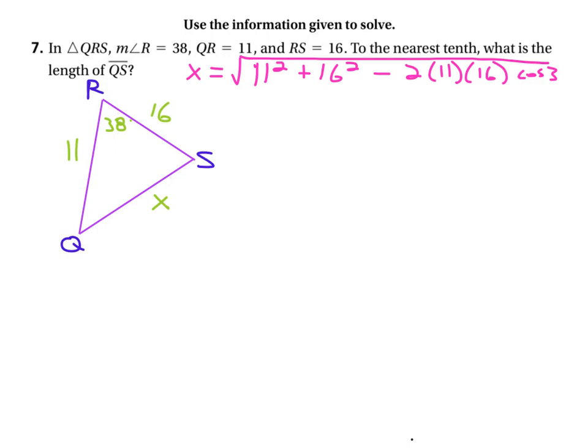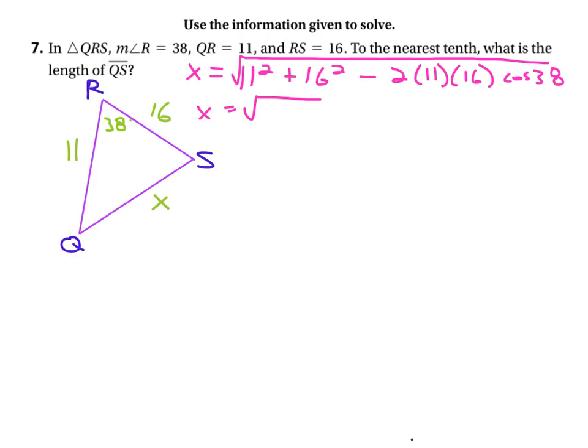And I think that I ran out of room, so just a second. Okay, cosine of 38. Yeah, so you can actually calculate all of this in your calculator. If you have a TI-84, you can just type it straight across. We can do this in pieces if you wanted to see what it looks like. Square root of, you can calculate it all out.